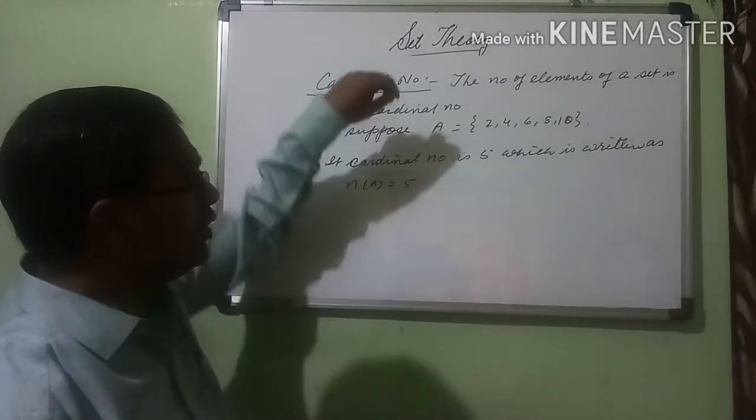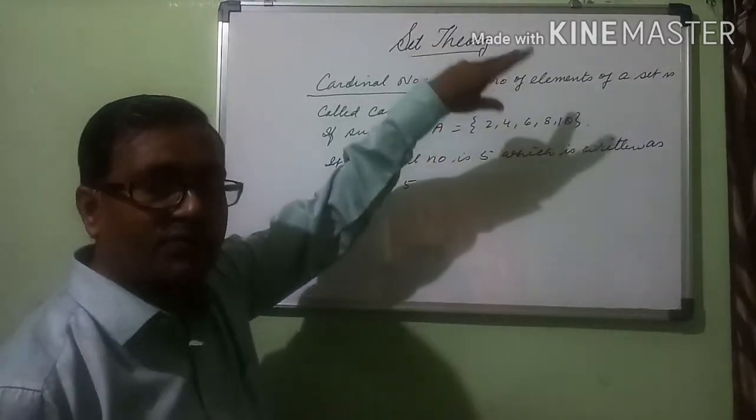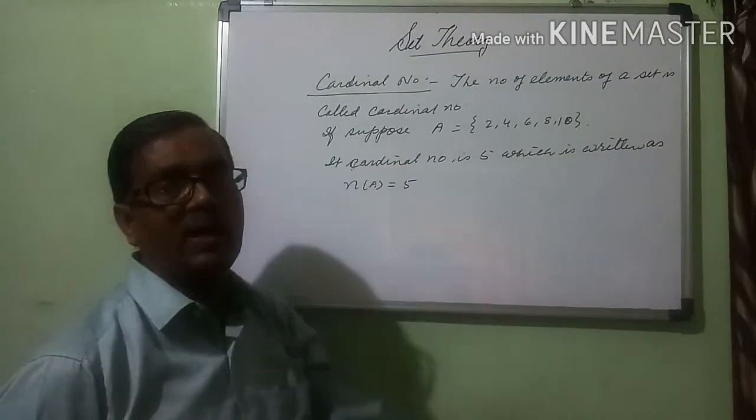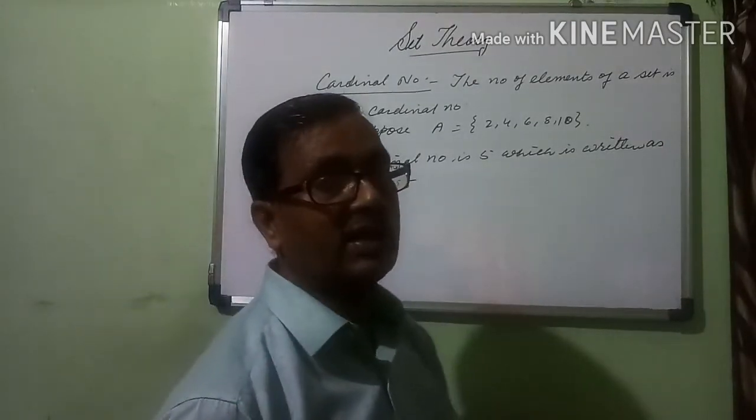It is very important to know about the cardinal number of a set. Why? Because it will help us to define the equal set and the equivalent set.